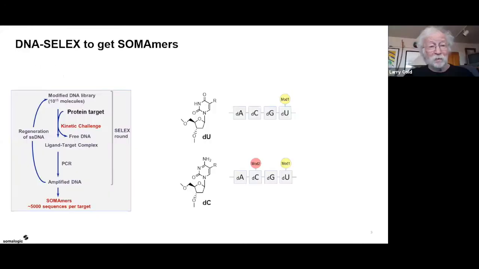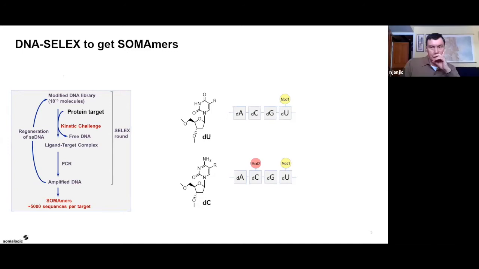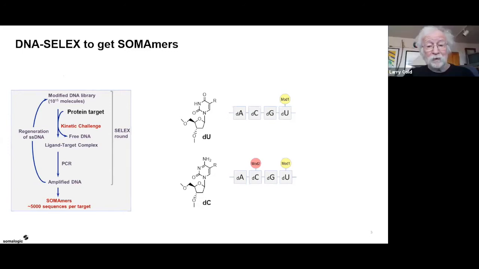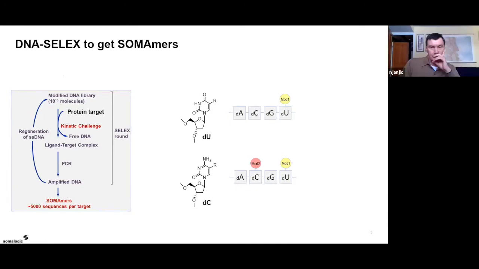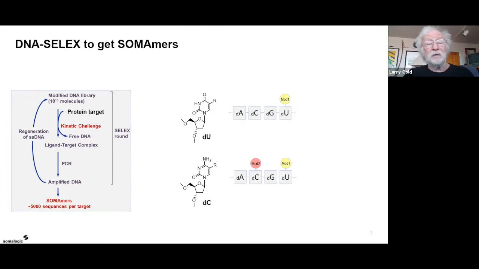This is the one that Nebojsa said, I hate showing this. I don't like it much better than that, but there you go. This is the same slide Nebojsa showed you, cleaned up on the left where it says protein target. And SOMAmers are slow off-rate modified aptamers. You all know that. Well, we've been hanging with this for a long time. The modifications we do are almost always pyrimidine modifications.